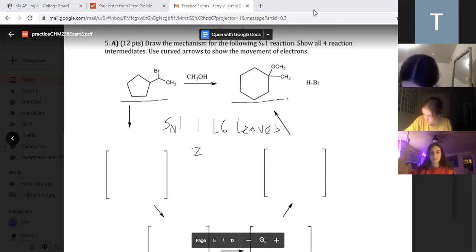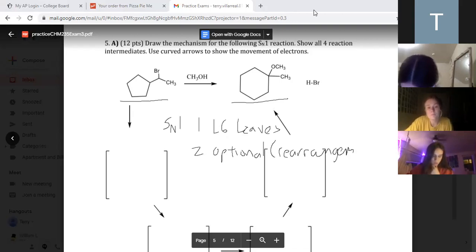Step 2 is optional. This is an optional step. It doesn't always happen, but this is where you have rearrangements. So if you need to do a ring expansion, hydride shift, methyl shift, whatever, this is when it's going to happen, after your leaving group leaves. Step 3 is going to be your nucleophile attacks.